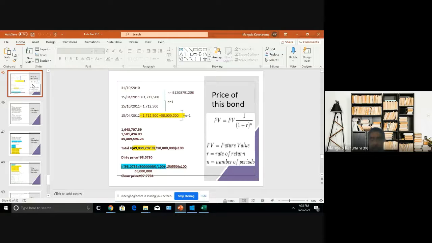Now if I ask you why this accrued interest comes into this whole transaction, what is the reason for this accrued interest to get into this transaction?